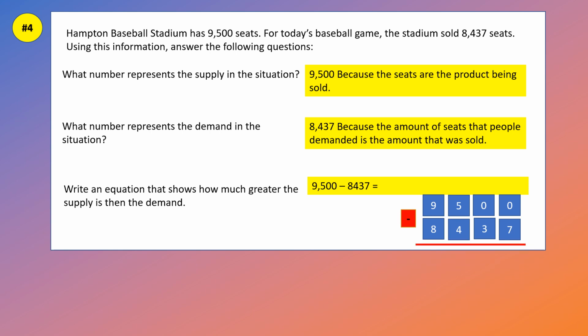Okay. Now let's start in the ones place. I have 0. I need 7. Do I have enough? Nope. Go next door. Well, tens place can't give me anything. Go next door again. Well, the hundreds place can give me something, so let's start there. So I'm going to turn this 5 into a what? Right, a 4. All right, so the 5 becomes a 4 because I just borrowed 10 to give to my tens place.